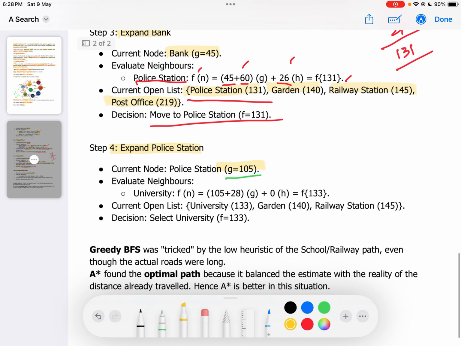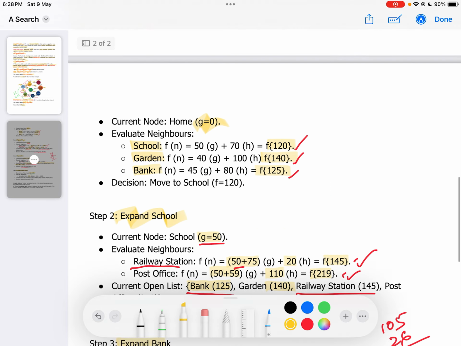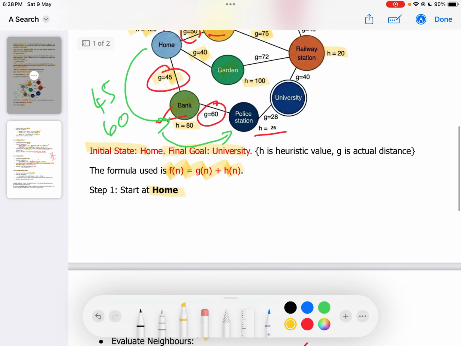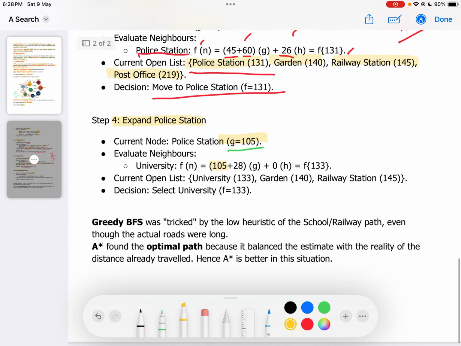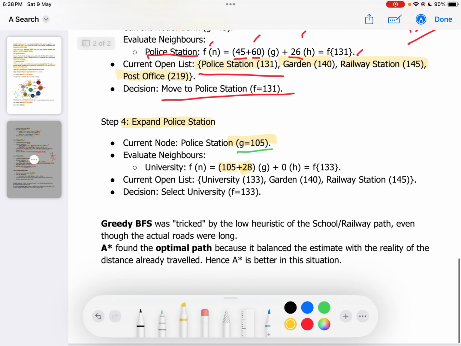Now 105 plus 28. Where is 28 coming from? The actual distance is 28. So we arrive at university.